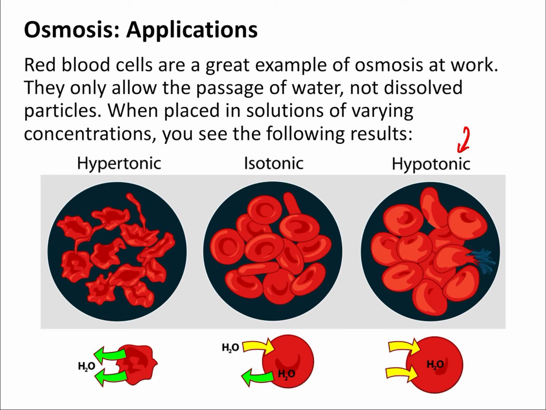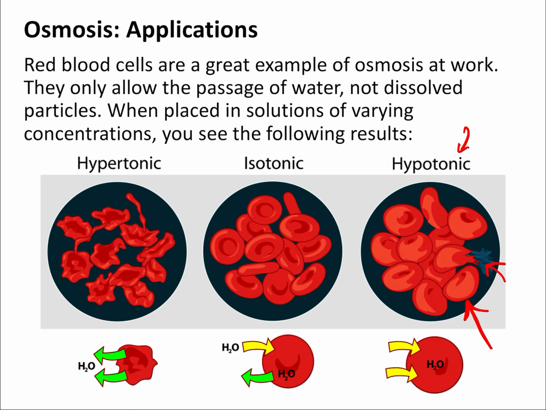What would happen is that water will want to pass from the outside of the cell, where the solute concentration is low or zero, to the inside of the cell in order to dilute the inside in an attempt to balance the inside and outside pressures. So the cells are going to absorb water, they're going to increase in size, and some of them might actually rupture.